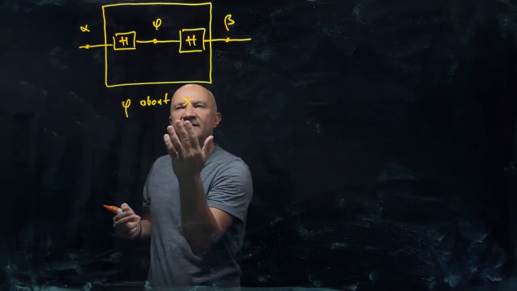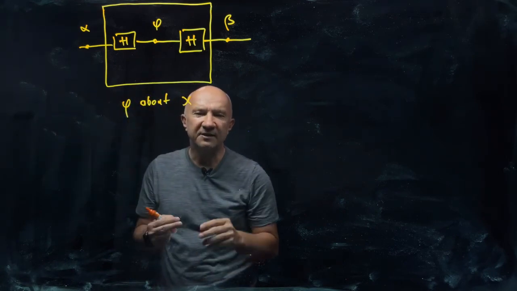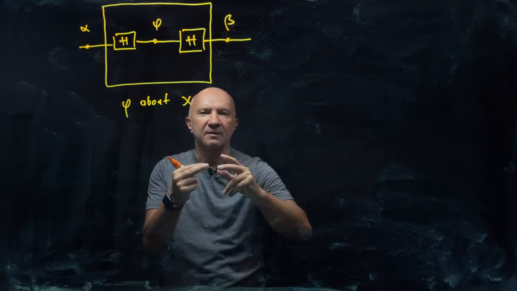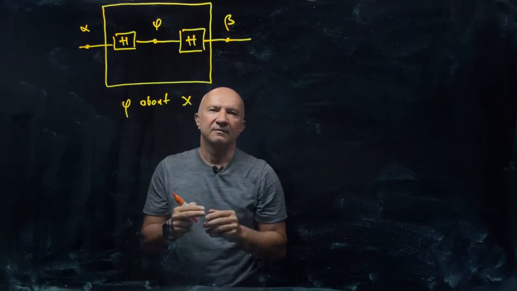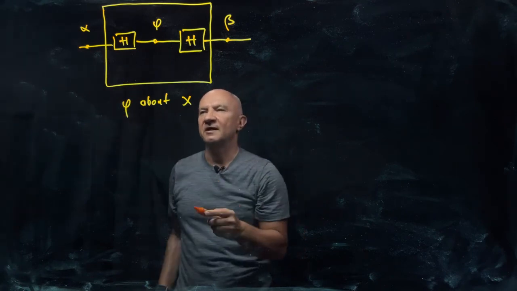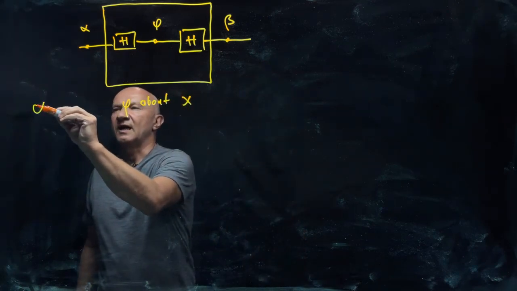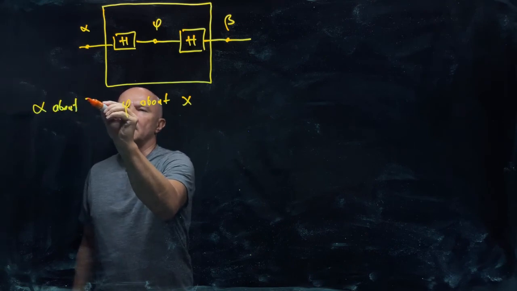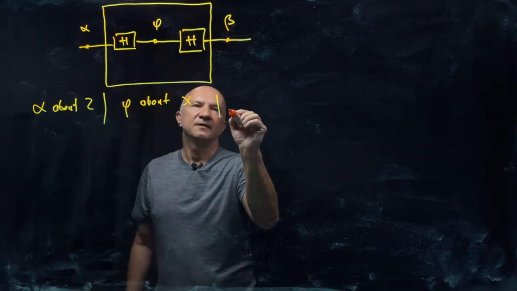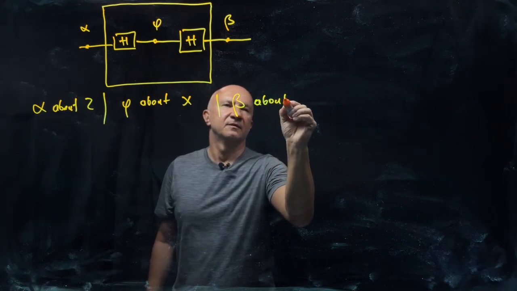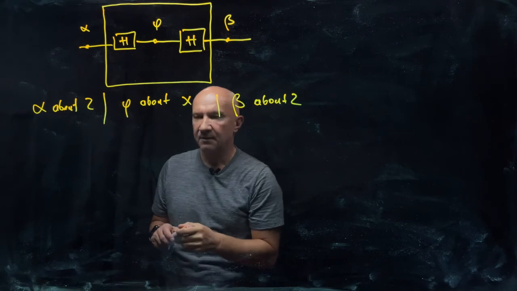So the central part implements a rotation by phi about the x-axis. Of course, alpha and beta are rotations by alpha about z, and then here we have beta about z again.